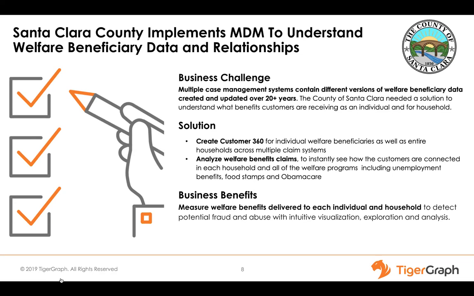This solution greatly increased the local government's efficiency in managing taxpayer money by measuring the accurate welfare benefits delivered to each individual and household. To learn more about the specific use case, please revisit Graph Guru 20 for more of the details.